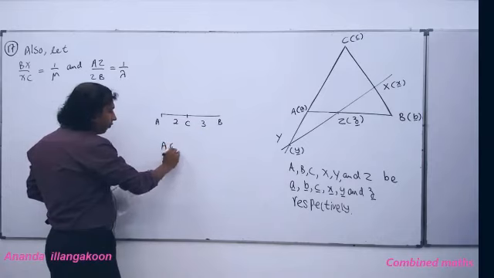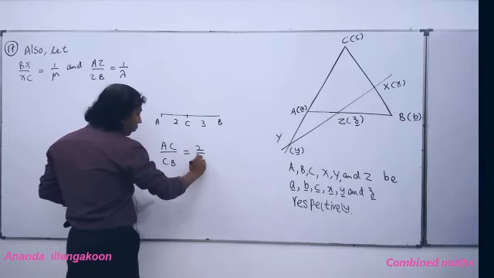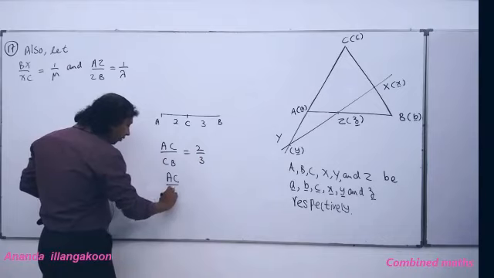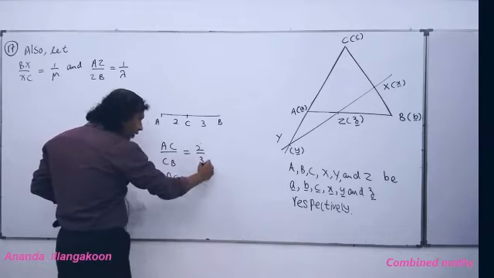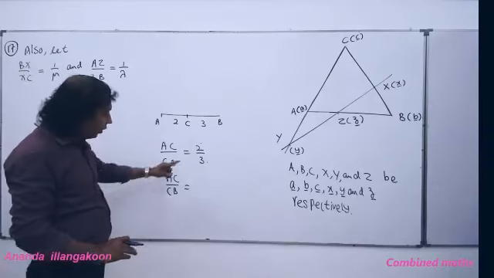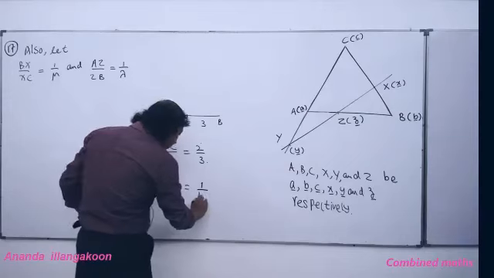That means AC divided by CB is 2/3. I can divide on the right hand side this numerator and denominator both by 2. Then 2 divided by 2 is 1. 3 divided by 2 is 1.5.